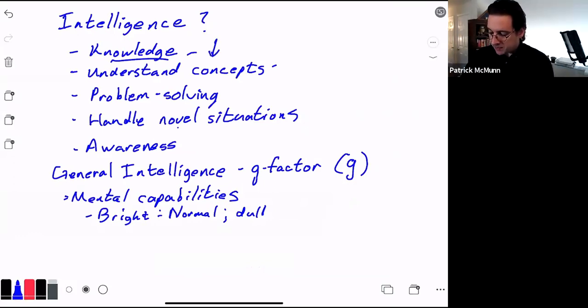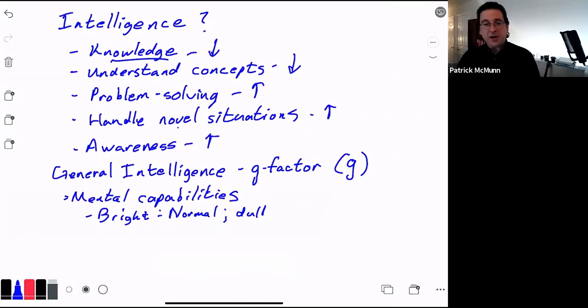What about concepts? They may not be able to understand Western civilization concepts, correct? Problem solving. We may see they're able to problem solve and adapt to their environment, handle novel situations. So you see what I'm saying here, an awareness. We could have somebody that's technically intelligent from a Middle Eastern society and test them based on Western society standards, and they may not do well.